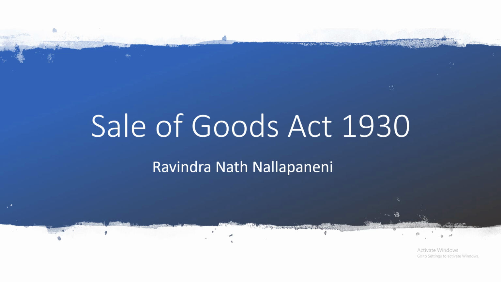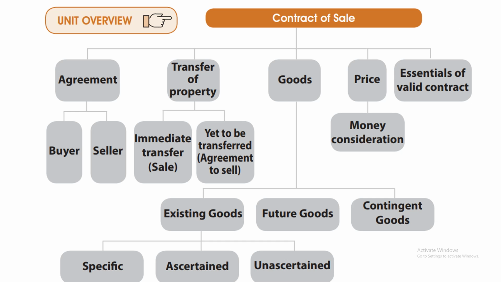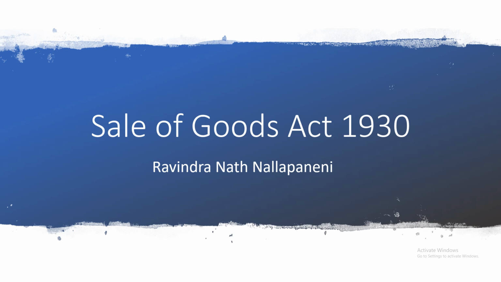Goods Act 1930. So before going for the concept, let me introduce the concept. In 1930, Section 76 to Section 123 of the Indian Contract Act were repealed and a separate act called the Indian Sale of Goods Act 1930 was passed.